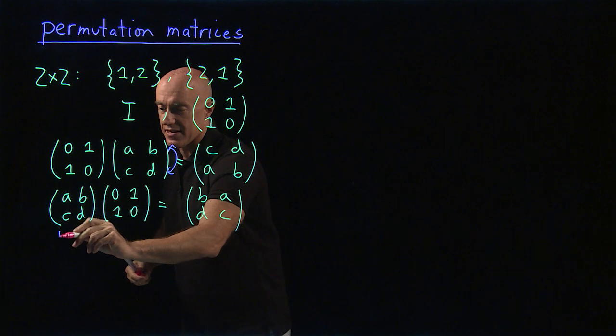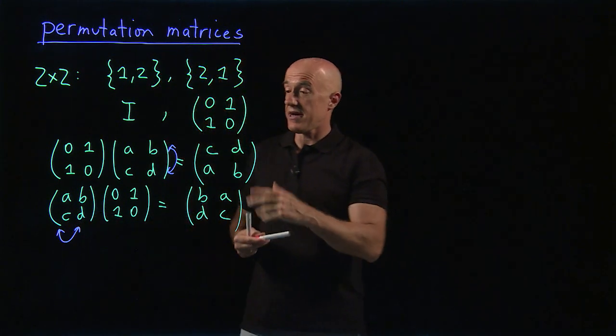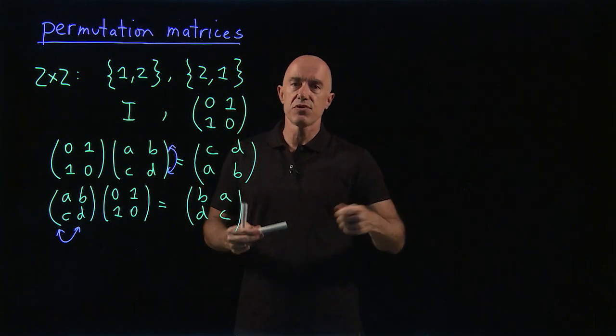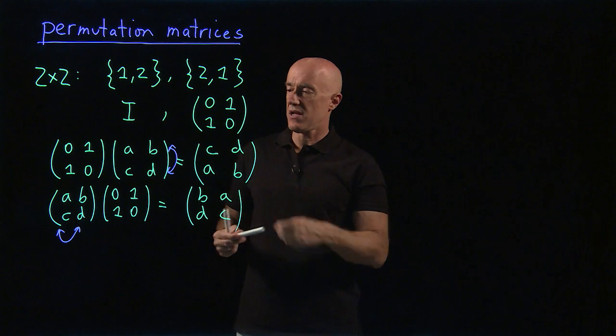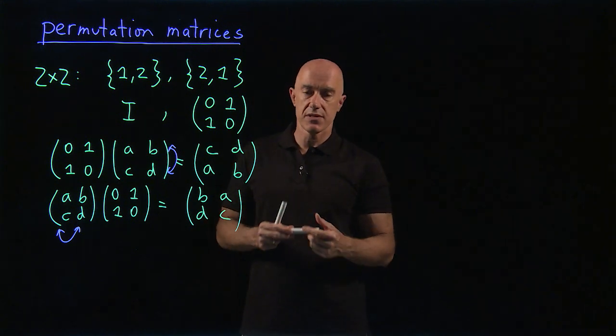All we've done is permute the columns. So a permutation matrix, when multiplied on the left, permutes the rows. When multiplied on the right, it permutes the columns of a matrix.